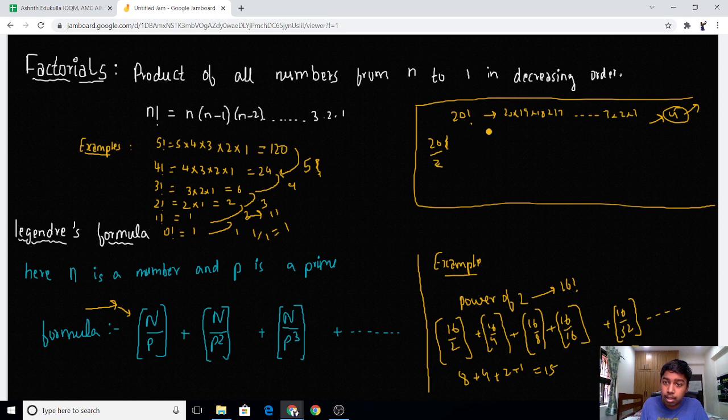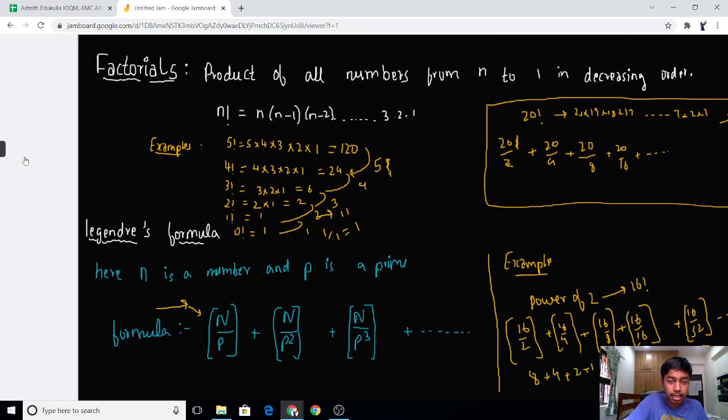Now, what are the numbers which are divisible by 4? 4, 8, 12, 16, 20. So there are 20 by 4 numbers, 5 numbers inside 20 factorial which are divisible by 4. Similarly, we have to check whether some number is divisible by 8, because 8 has an extra factor of 2 compared to 4, so 20 by 8, plus 20 by 16, plus etc. So this is the logic why we're doing this.